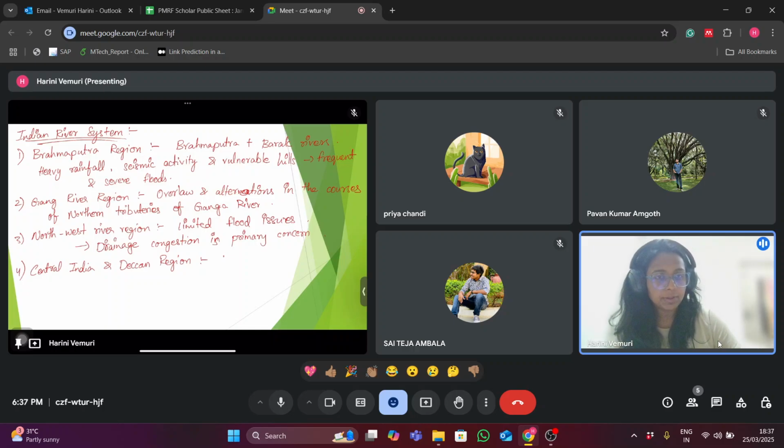So there will be reduced flood problems in these kinds of areas. East coast rivers have embankments, so reduced flood problems.